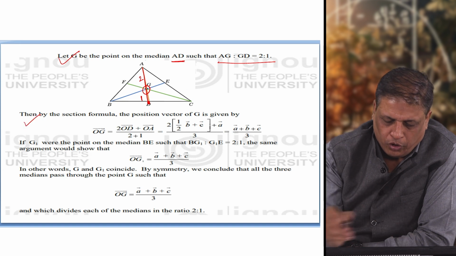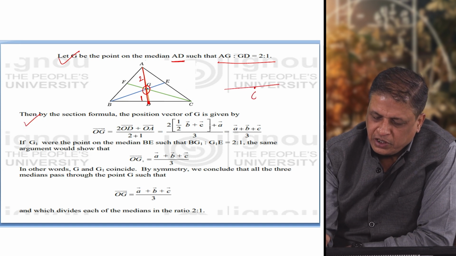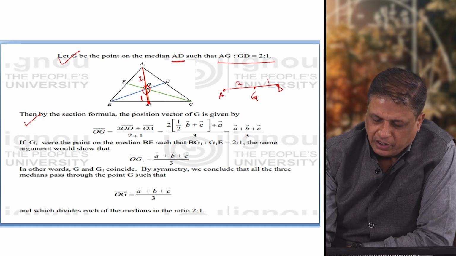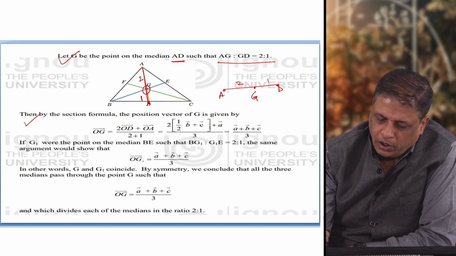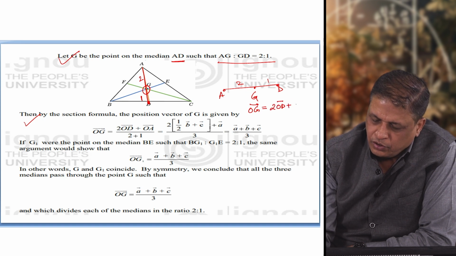Now, this point G is dividing the median AD internally. So, the internal division formula should be used, and we are supposed to prove that this division is in the ratio 2:1. If we apply this, then vector OG will be equal to (2 times vector OD plus 1 times vector OA) upon (2 plus 1).